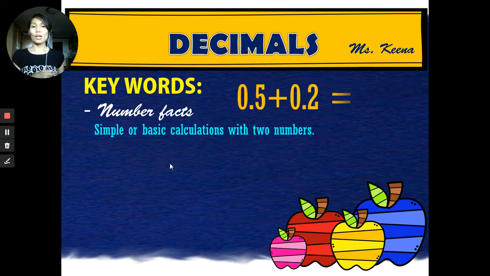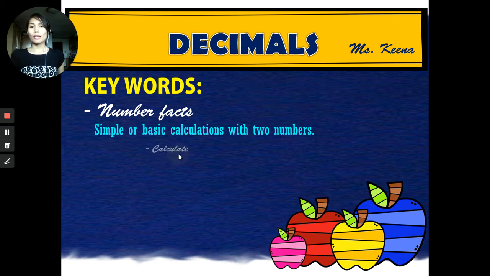Still the same. How about if it's 10 times lesser? So we divide it by 10, so 5 becomes 0.5 or 5 tenths plus 2 tenths equals 7 tenths. The same facts, right? So knowing the number facts could help us to calculate numbers easier.